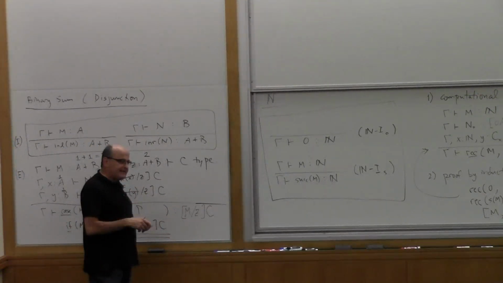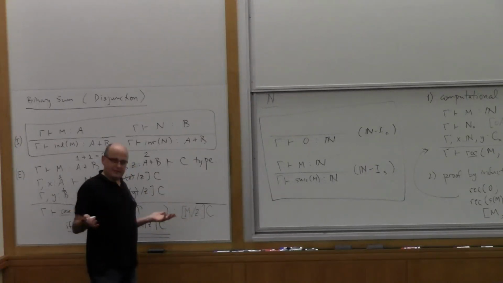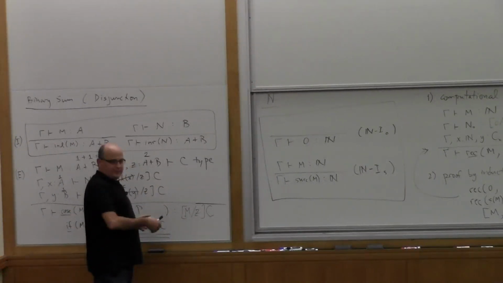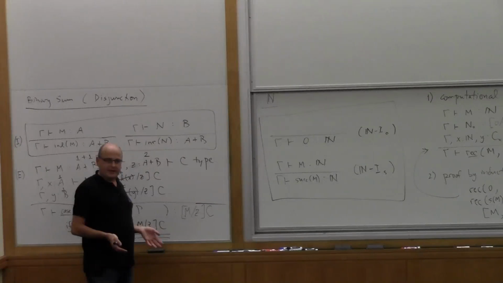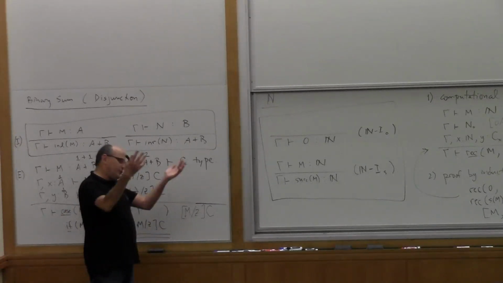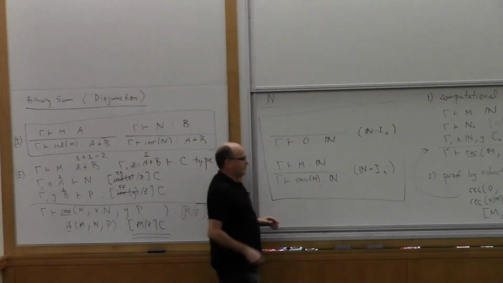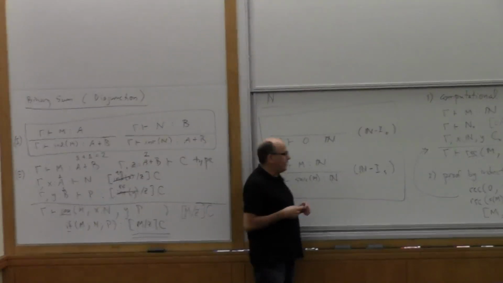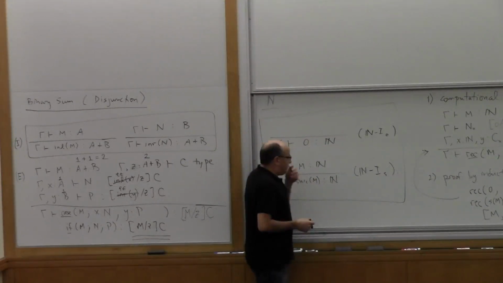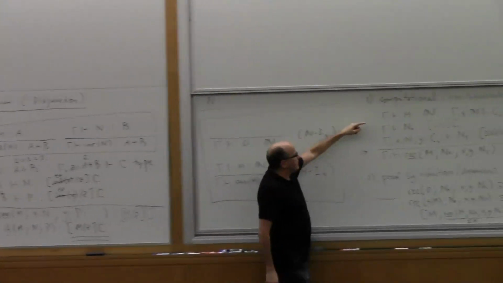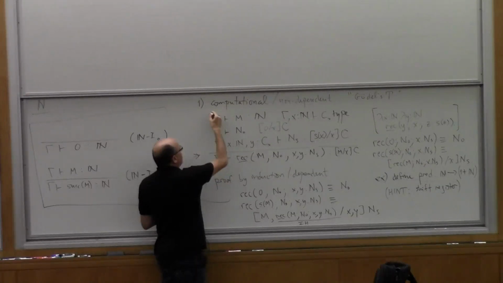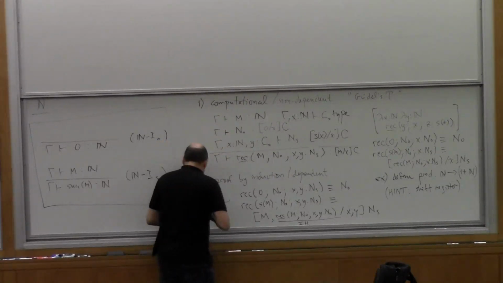So in CIC, there's a whole general apparatus of inductive types, of which everything I'm doing is just a special case. However, to throw the whole general case at you becomes really opaque, okay? So I'm trying to do the special cases. If you think of this as an inductive definition, then here's another way to write this rule.